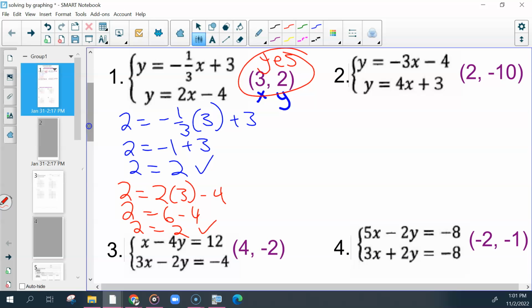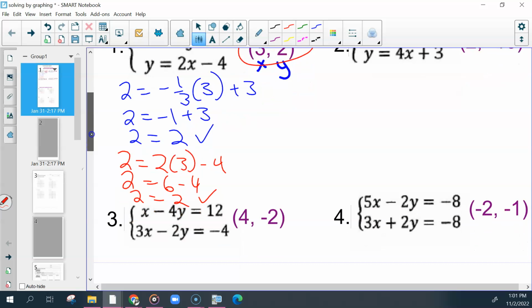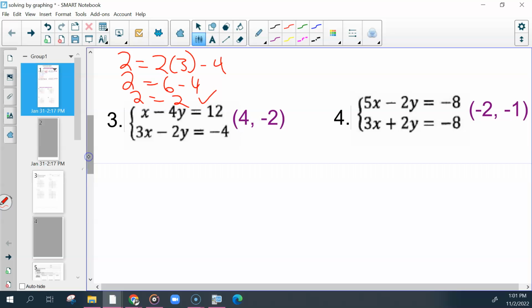We're going to do one more, and then I'm going to let you try a couple. We're going to do 3. Notice that 3 looks different than the ones we just did, but the process is going to be the same. We're still going to put this in for x and y.